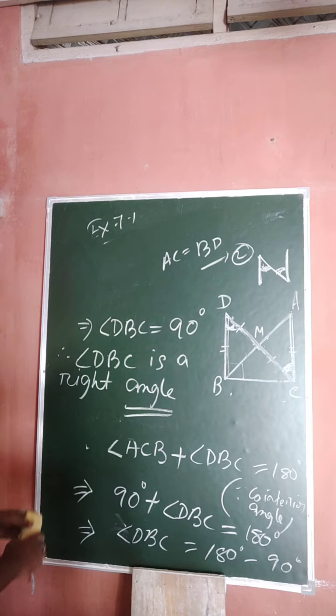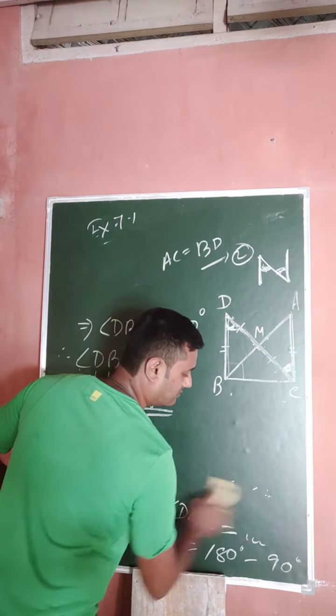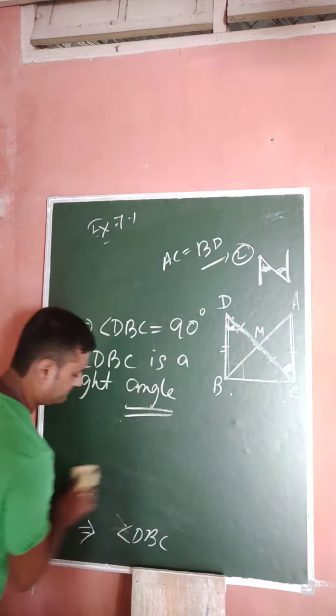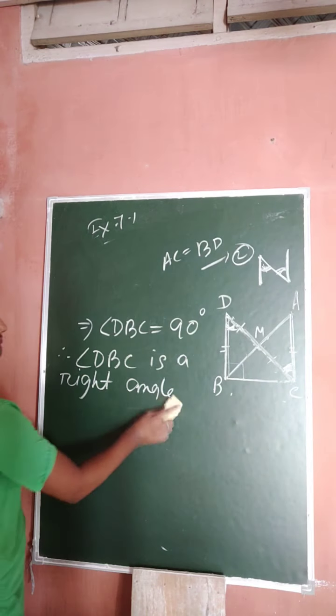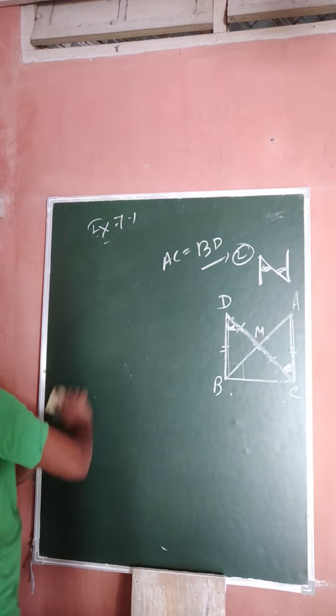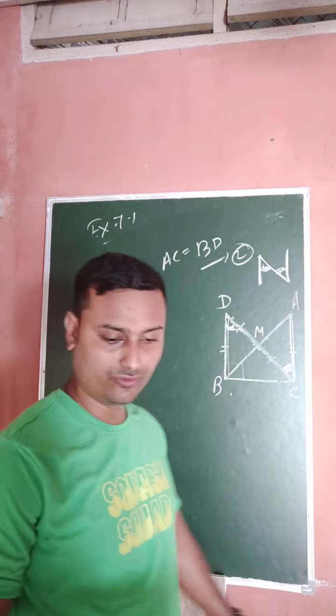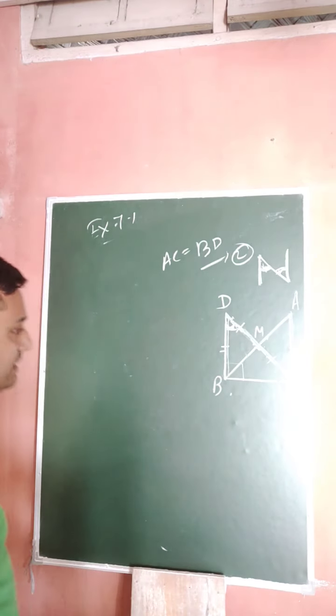Okay, so now we will prove the next one. The third one is what? We have to prove triangle DBC congruent to triangle ACB.